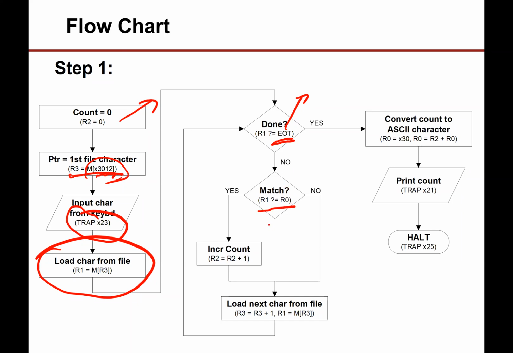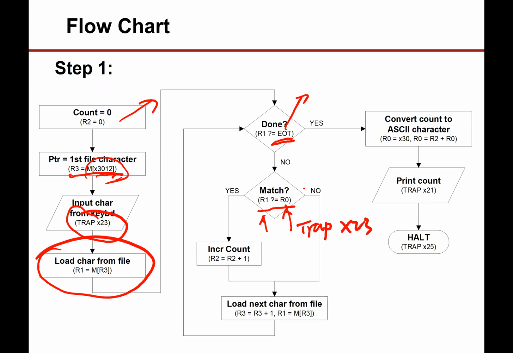See the input value, this one from the keyboard, right? And this one is from R0. R0 is the return result from the trap. It's automatically stored in R0.